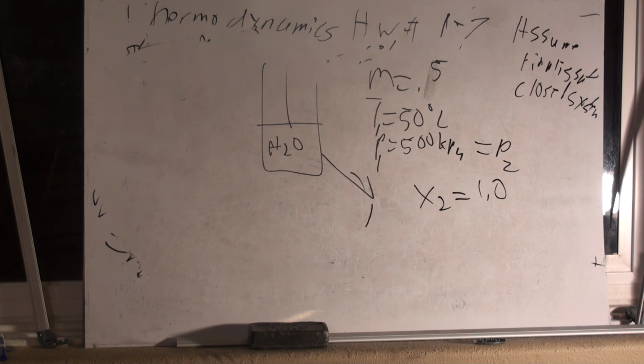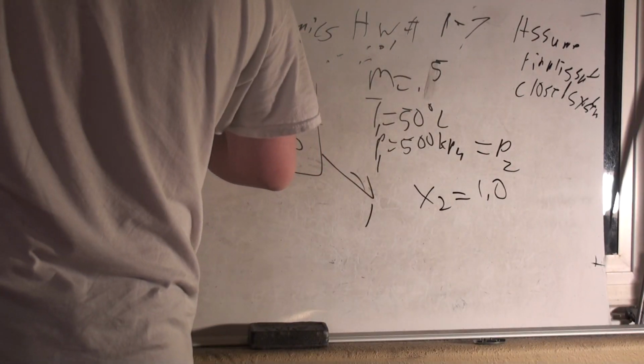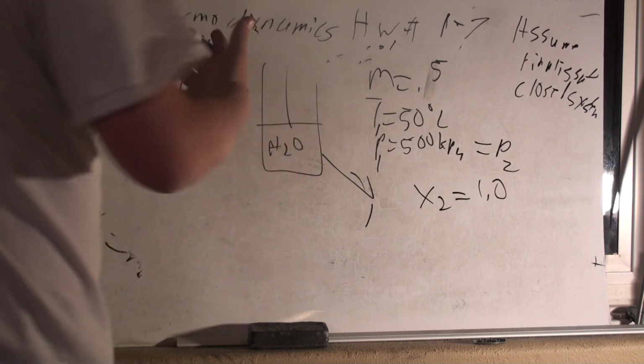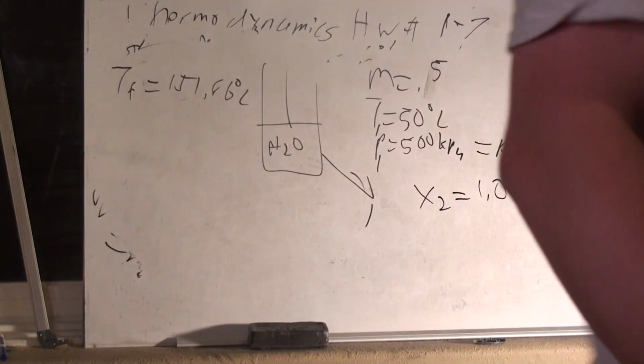So if I go to half, until all of it's vapor, which is going to happen at saturation, the temperature is going to be 151.86 degrees Celsius. So T final is equal to 151.86 degrees Celsius. That's a fact.